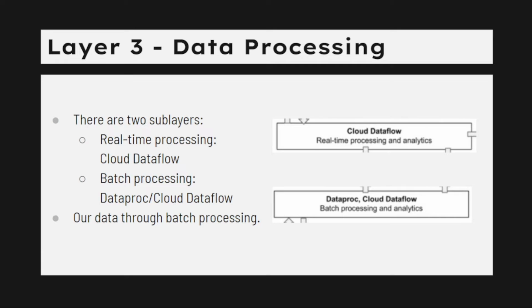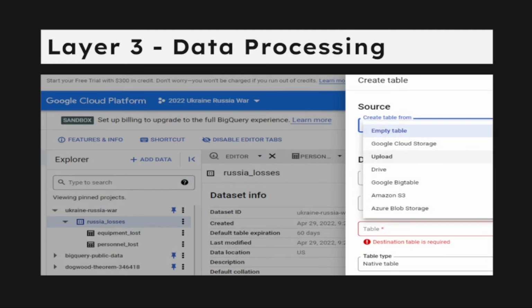For our data processing layer, or layer 3, there are again two sublayers: one for batch processing and the other for real-time processing. Because we used BigQuery to send our CSV files to the warehouse, our files went through the batch processing sublayer.